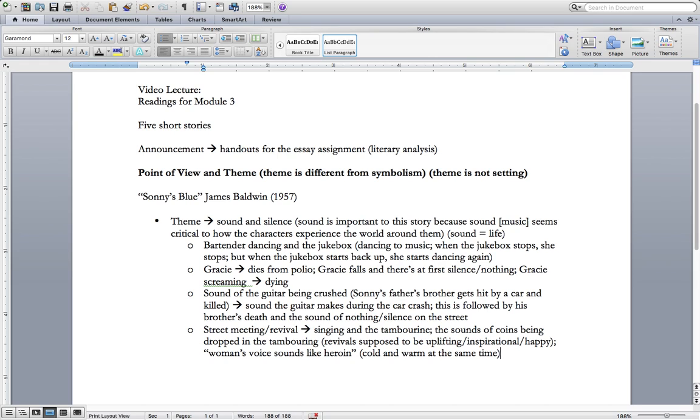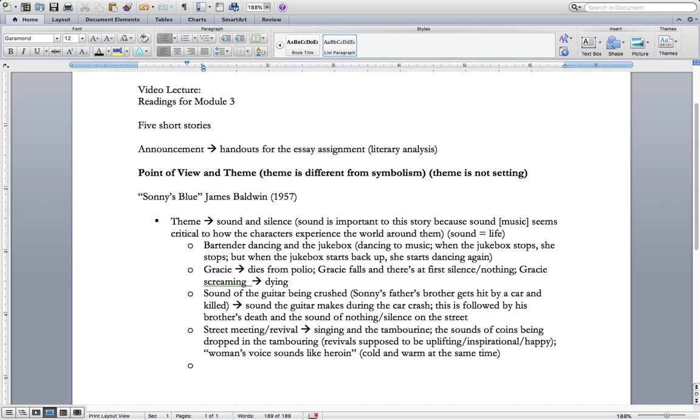I think he describes the bartender as, he doesn't call her a whore, but he calls her something along those lines. But all of these relationships between sound and how that informs how we are connected to the world, it's definitely a complicated and potentially problematic relationship.